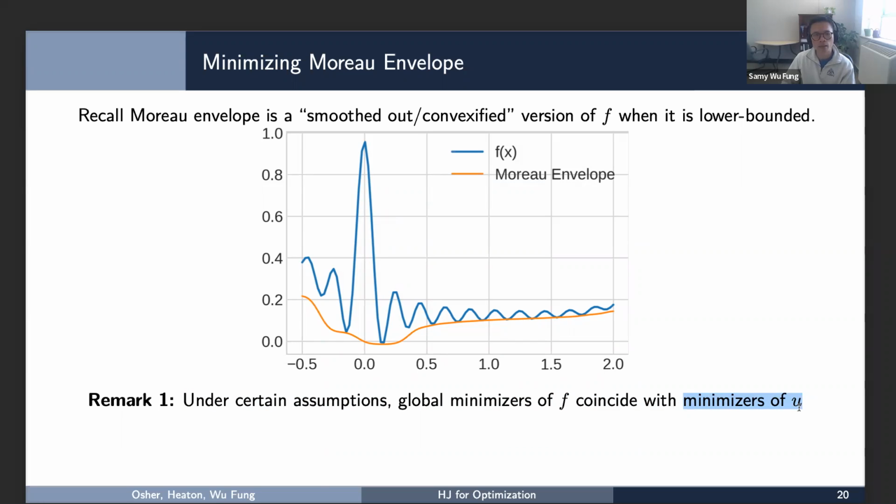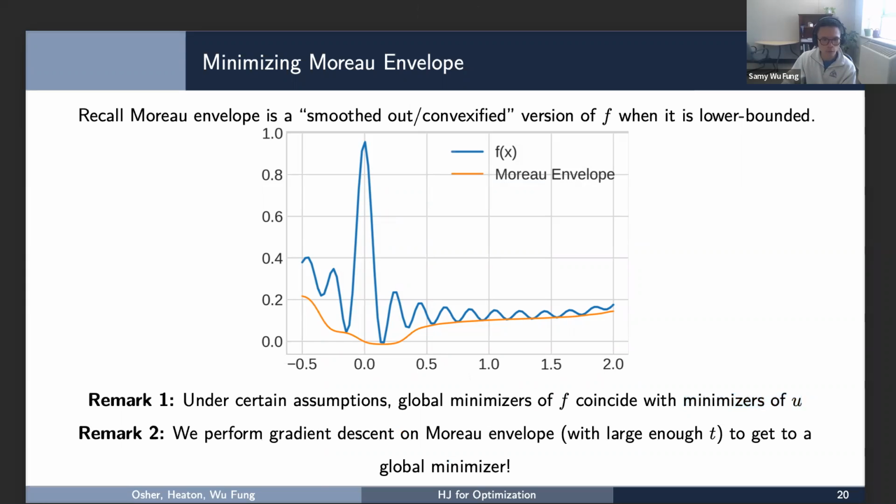The assumptions on f are fairly mild: you need f to be continuous, and you need the set of global minimizers of f to be compact. That's pretty much all you need to guarantee this. So if we want to find the global minimum of f using our proximal formula, we can perform gradient descent on the Moreau envelope, picking a large enough t so that we get to the global minimizer.